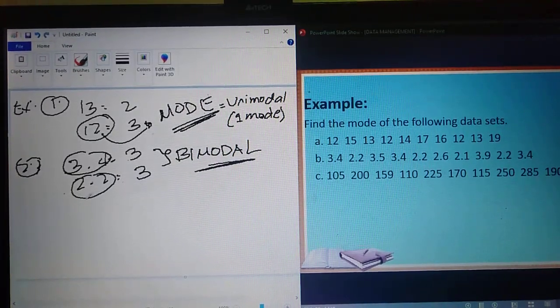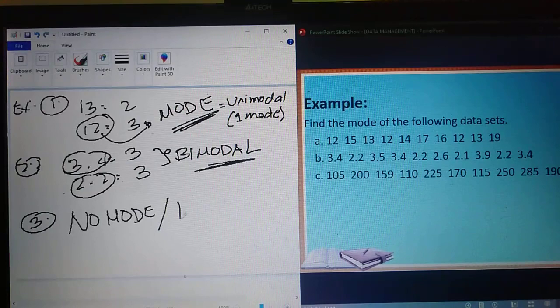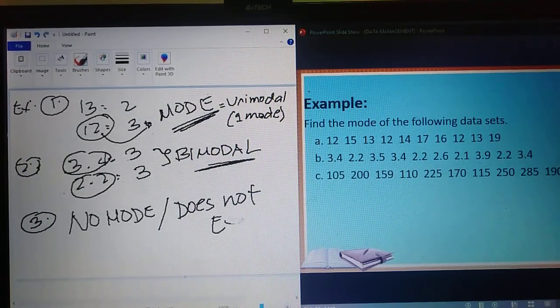Okay. So, yun po yun, ha? Next. How about for number 3? As you can see, walang naulit na data. Walang naulit na number. So, ang lagay mo lang doon, pag may ganyan sa quiz or even sa exam, no mode for number 3. Or, does not exist. Kasi wala eh.